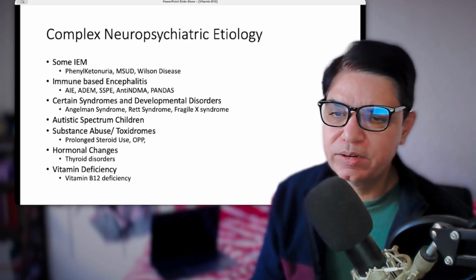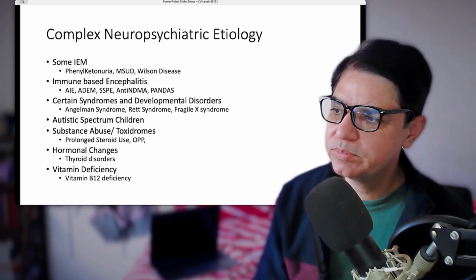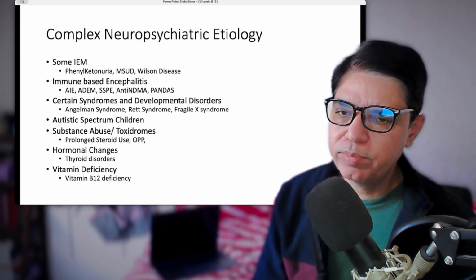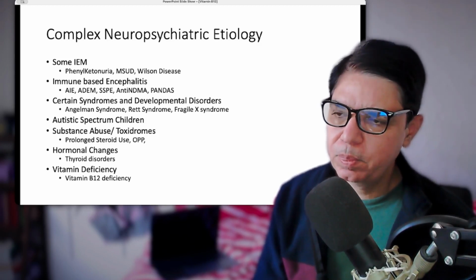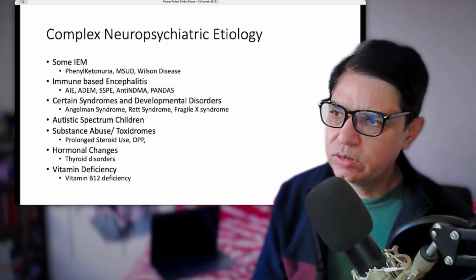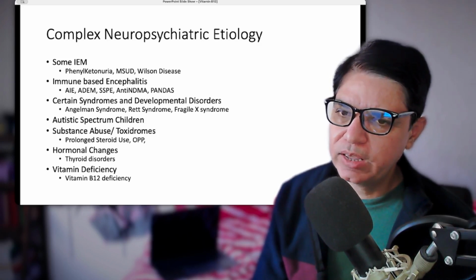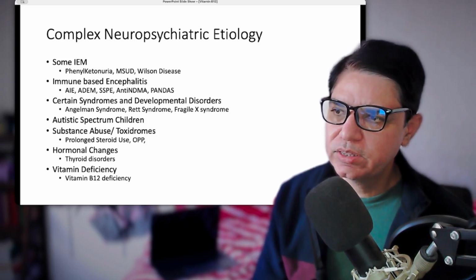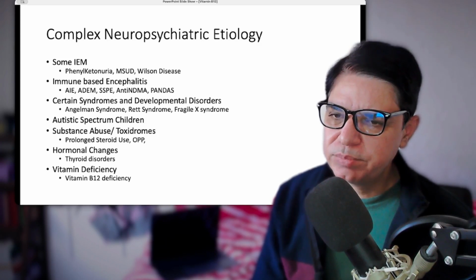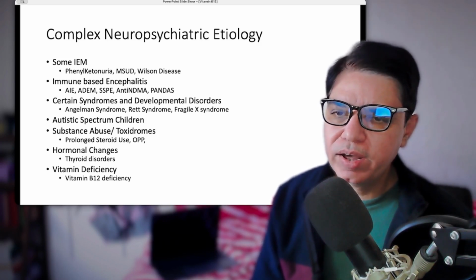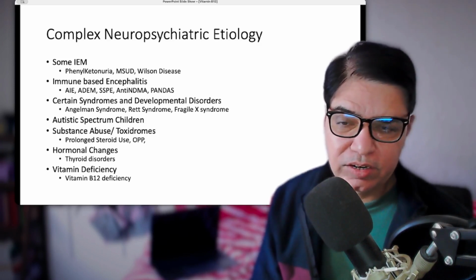Simply autistic spectrum, or autism, is a very complex pathology. The recent evidence that is emerging says that it's basically a problem in the way the neurons fire in the prefrontal cortex and in the temporal cortex.